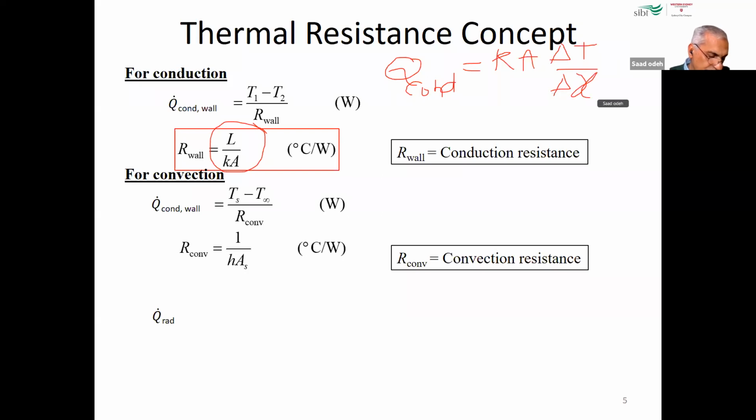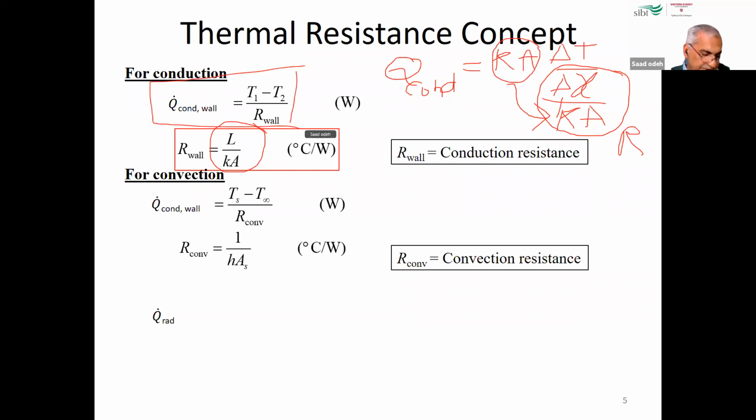And because we said Q is the difference in temperature divided by resistance, we take this part and put it underneath here, and we call the whole denominator R. So that's why in this equation we have delta T by R, where R is delta x, which is L or the thickness, divided by kA.